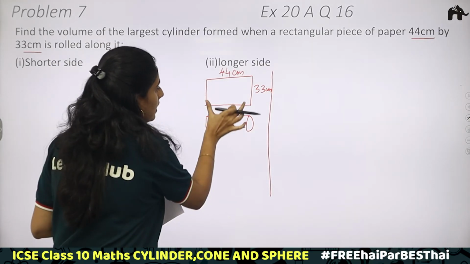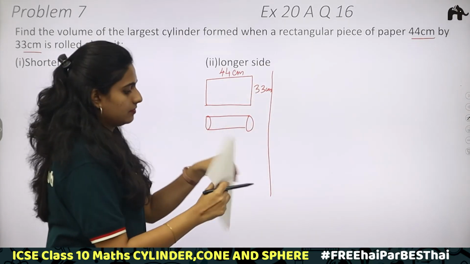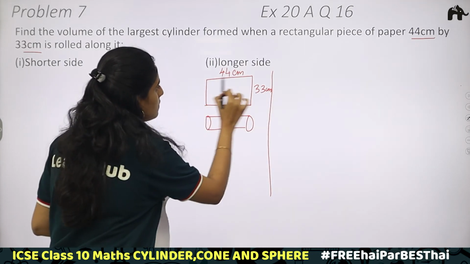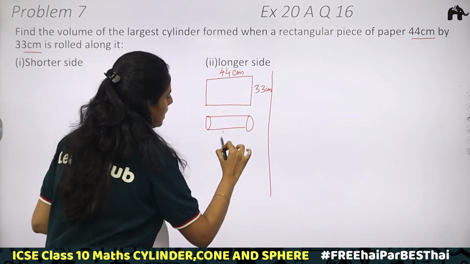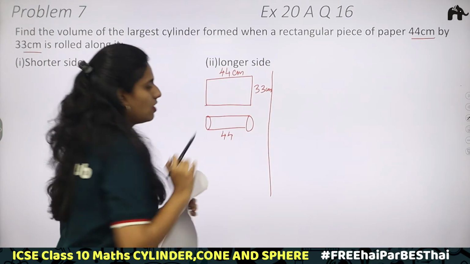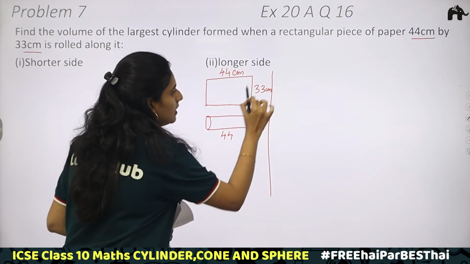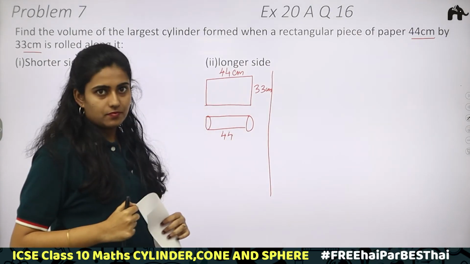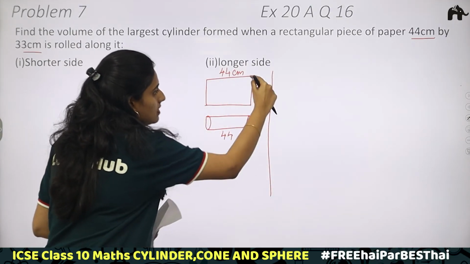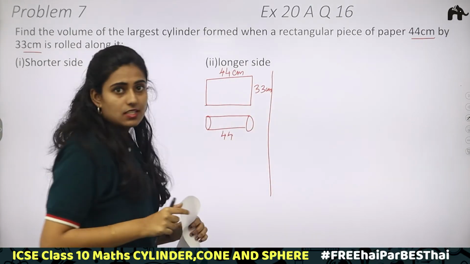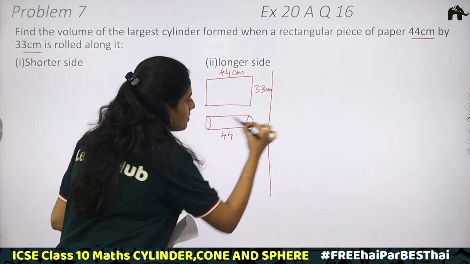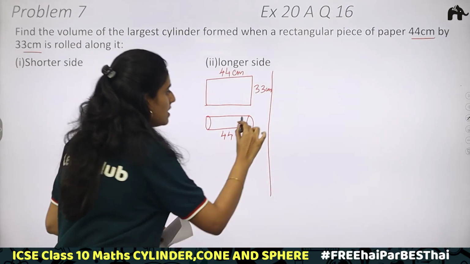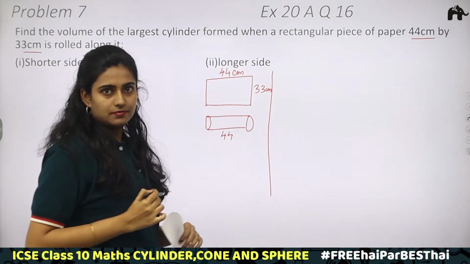Okay. When you roll this way, this 44 cm will become the height of the cylinder. What about 33 cm? Here we are rolling it. When we roll this way, this 33 cm is the circumference of the circle. Yes, it is the circumference of this circle.